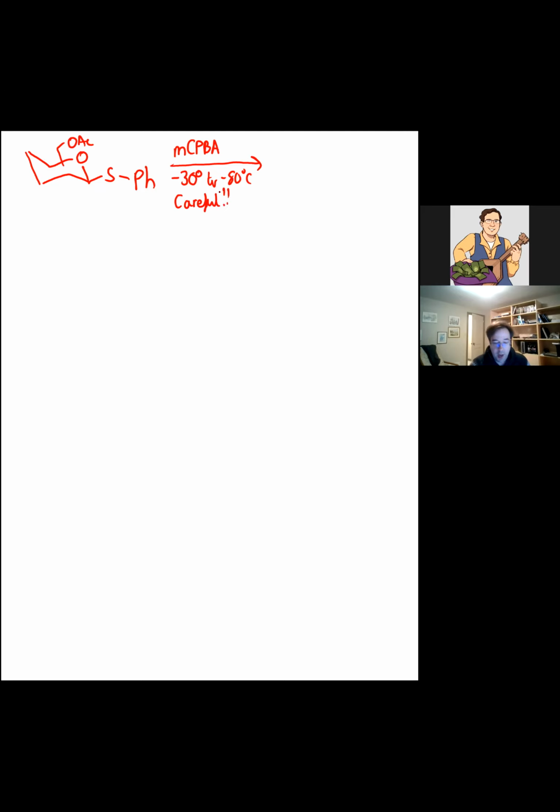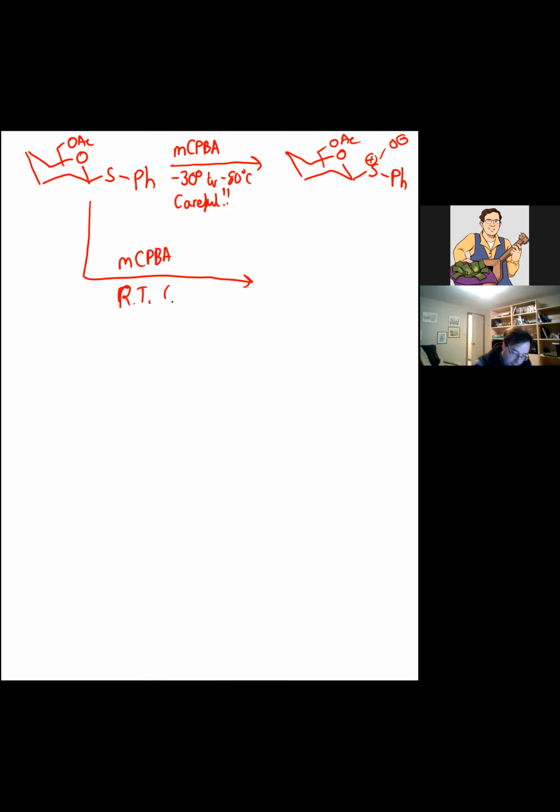This is actually a really irritating reaction because it does work, but it has a major problem. And that major problem is that if you're not careful, and you start getting anywhere close to room temperature, RT stands for room temperature, you get the other one, the sulfone.